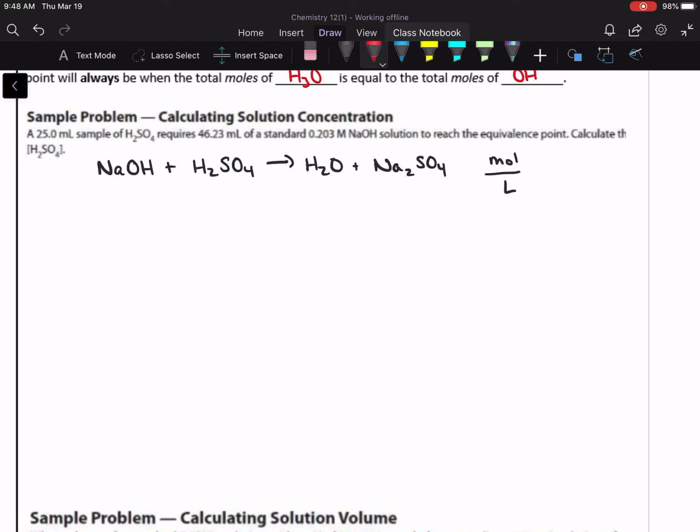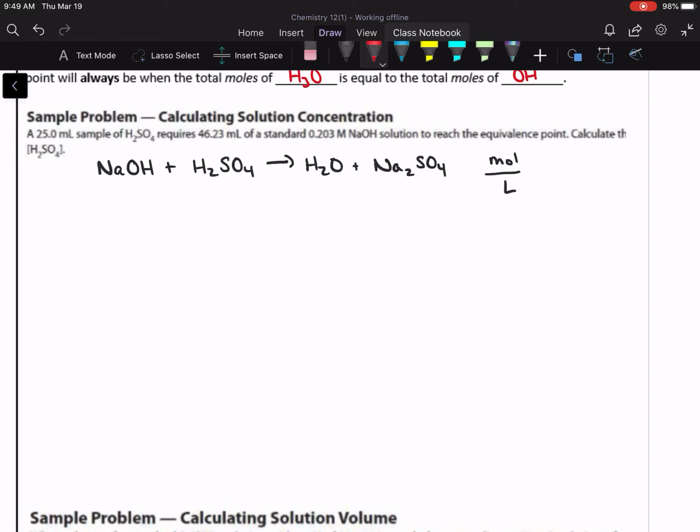So the first thing that we're going to be doing is determining the number of moles of our standard solution, which in this case is the sodium hydroxide. As I mentioned in the previous video, instead of working in moles per liter, we're going to often work with millimoles per milliliter, so we're not having to convert our volume to liters every single time.